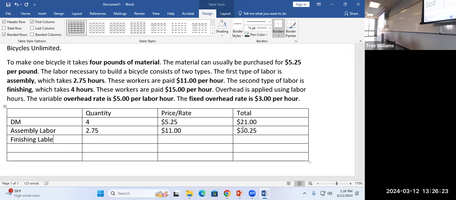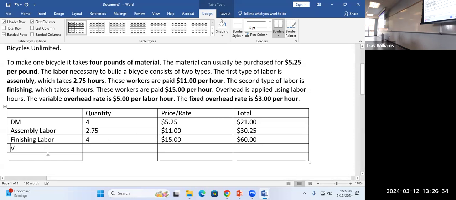Okay, and that is not labeled. Funny sometimes what the fingers type, not necessarily what the brain thinks. So we said 4 hours at $15, right? And that comes out to $60. Right? We could total those up if we wanted a subtotal of labor. It would be $90.25 of labor costs per unit.